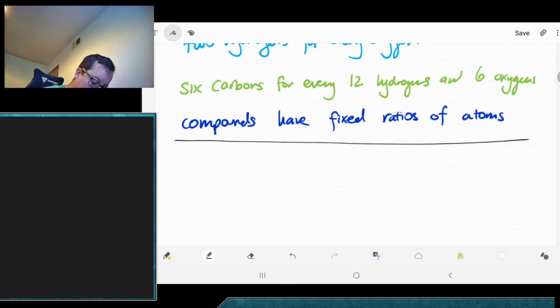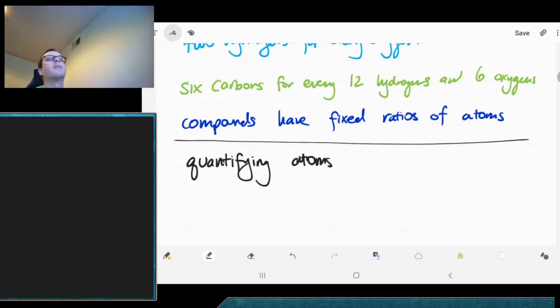So, unfortunately, atoms are very, very small, and we cannot measure them directly.